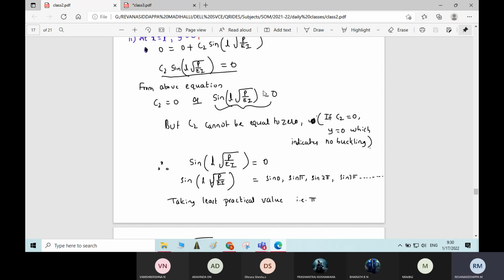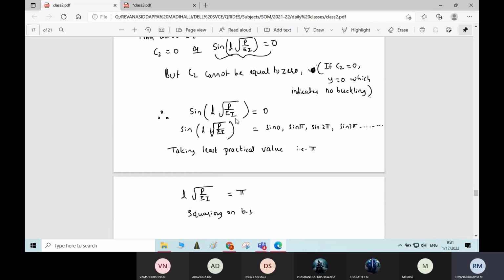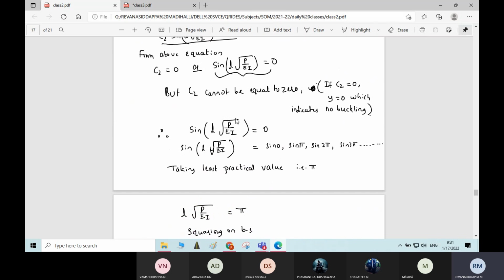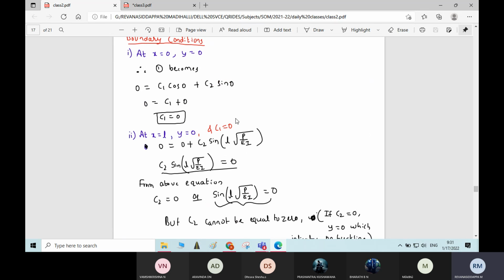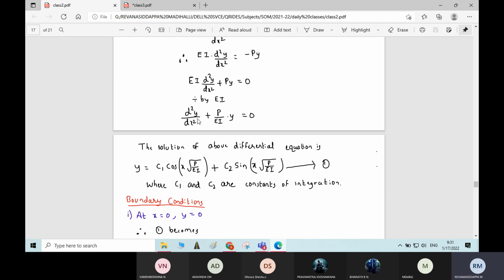Okay, students. You can see here that P/EI should be there in the RHS, or 0 should be there, to write the solution for that particular equation. In the first derivation, where both ends of the column are hinged, d²y/dx² plus P/EI into y is equal to 0. If 0 is there, no problem, we can write the solution.